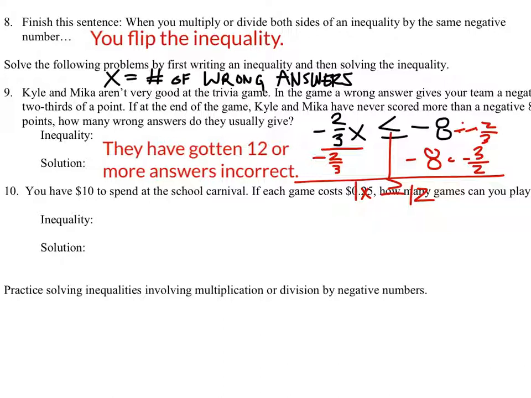You could say at most they've gotten 12. No, that wouldn't work. They've always gotten at least 12 incorrect. That would also work. There we go. Alright, so we have the inequality and the solution and the words.